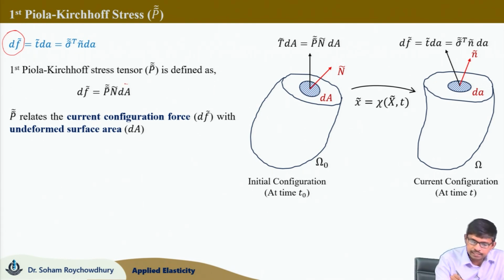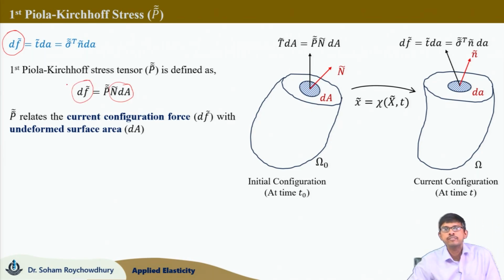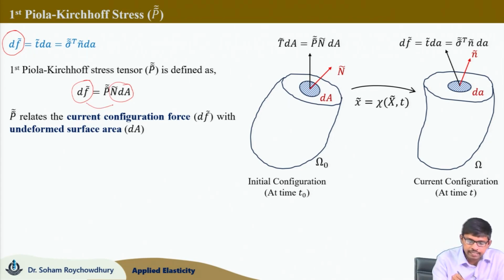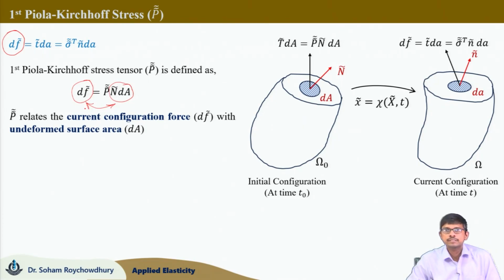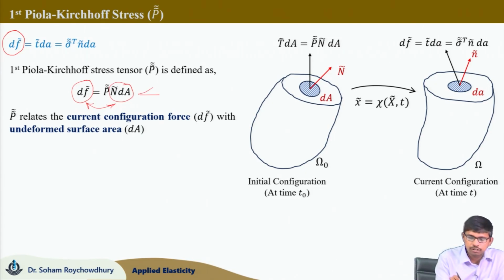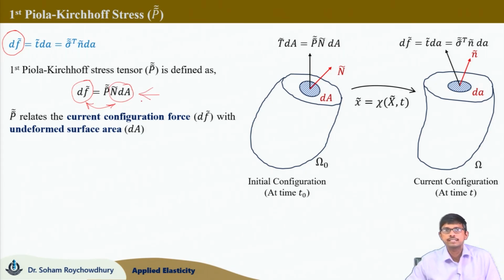These two are related with the help of a stress measure known as capital P, or the first Piola-Kirchhoff stress tensor, and through this transformation law P is defined: d small f equals P acting over capital N d capital A.